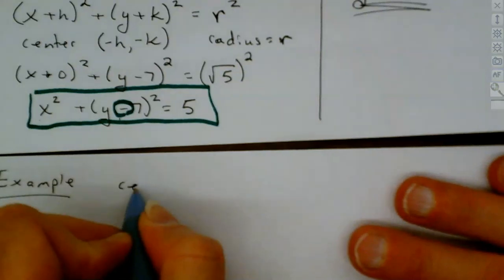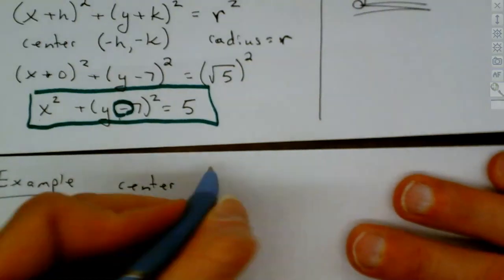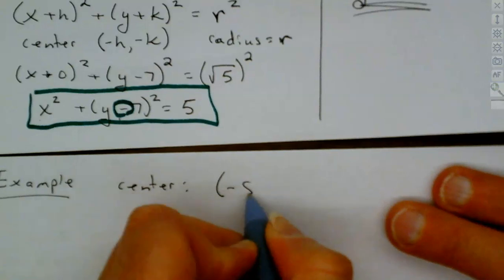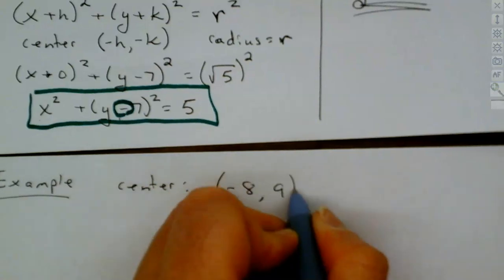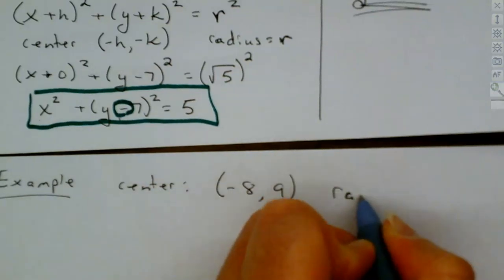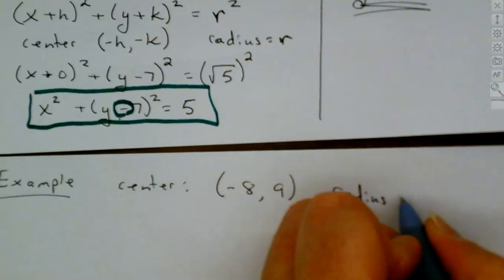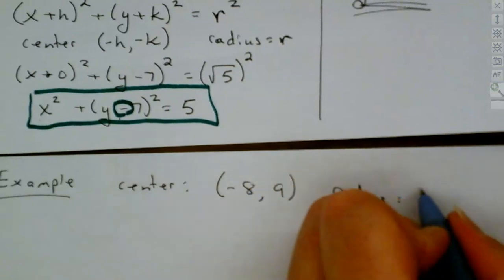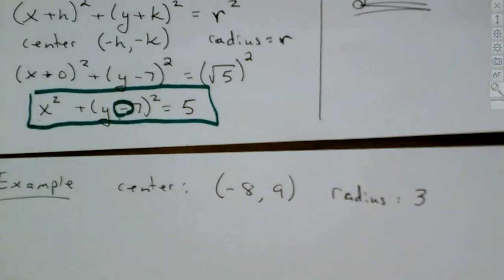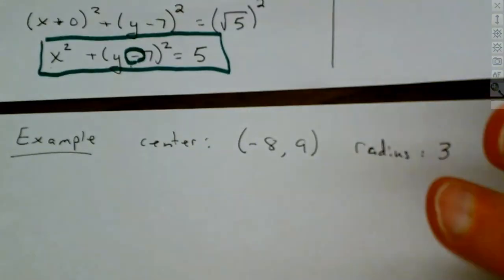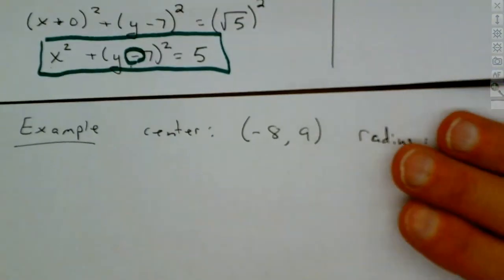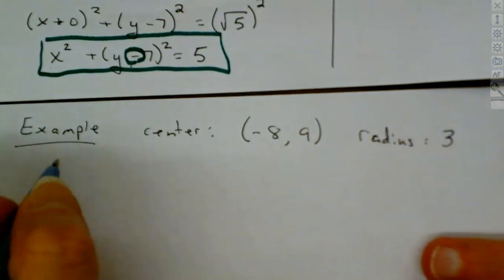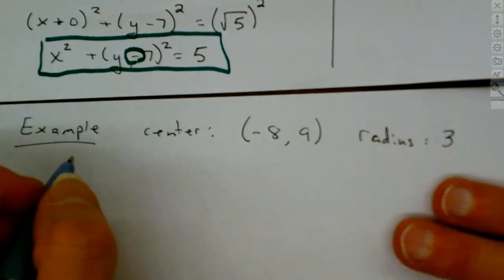Let's say the center is minus 8, positive 9, with a radius of 3. What would this look like in center radius form? What do we do? We switch our signs, right?